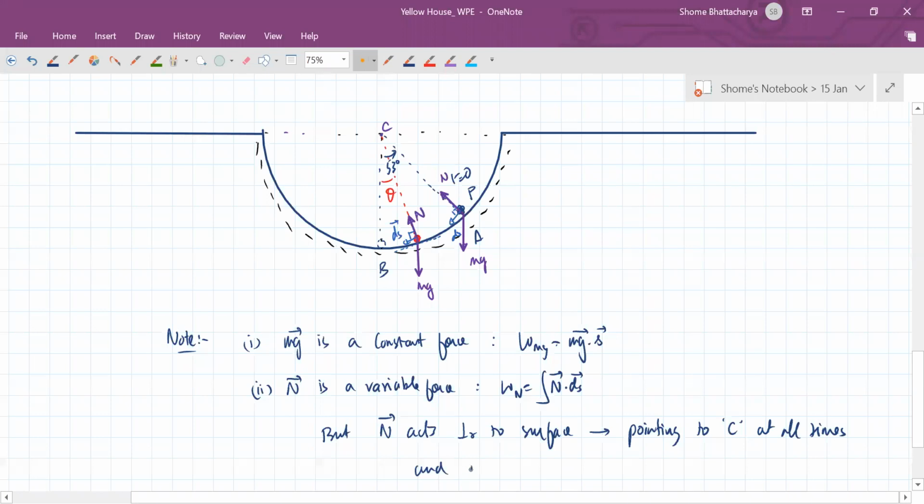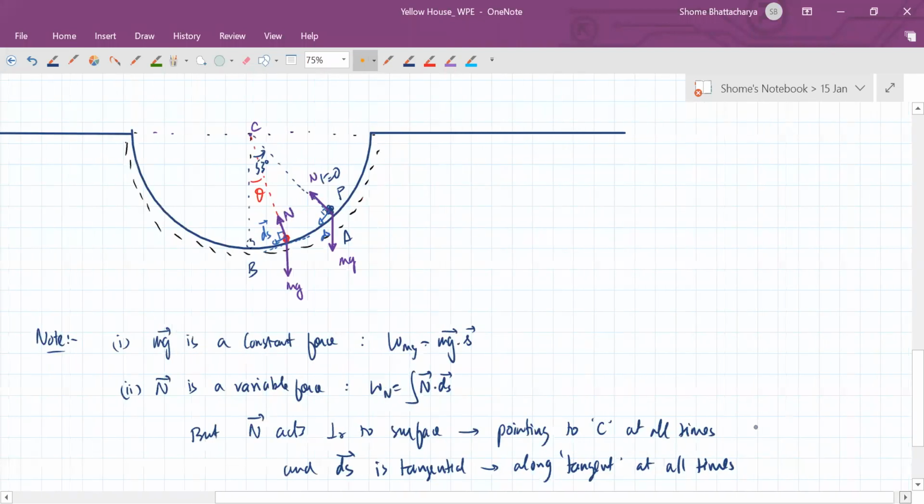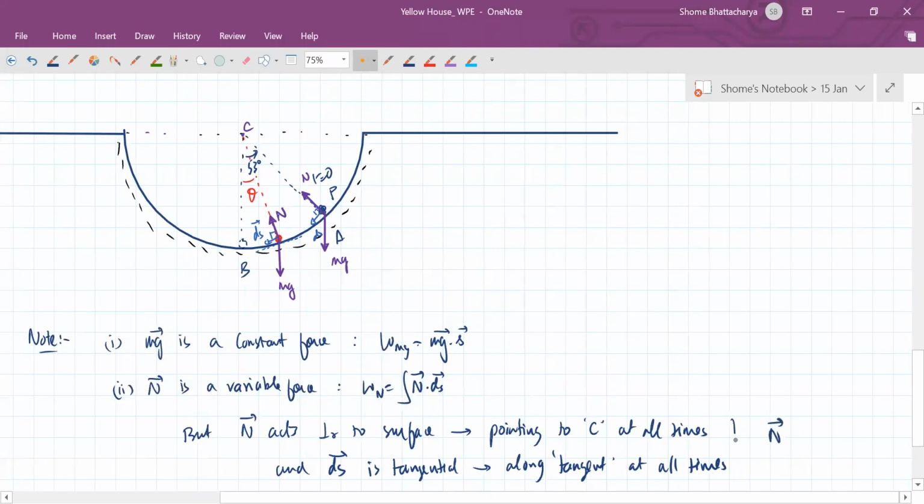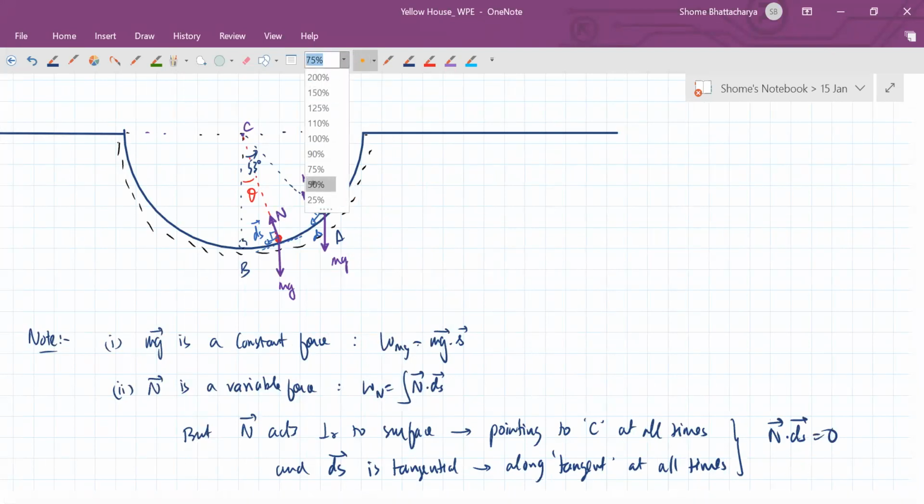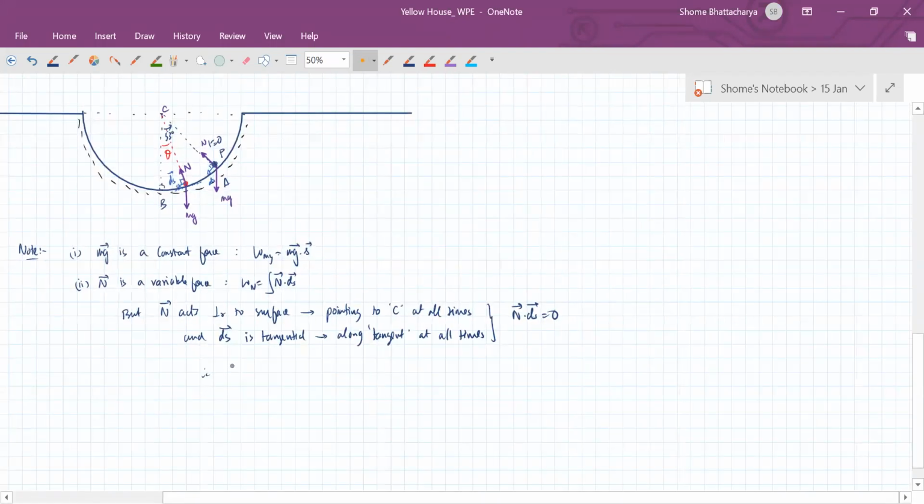And the differential displacement at any instant is tangential, along the tangent to the surface at all times. So therefore this quantity n dot ds will be 0. So work done by normal reaction will therefore become 0. So that's done.